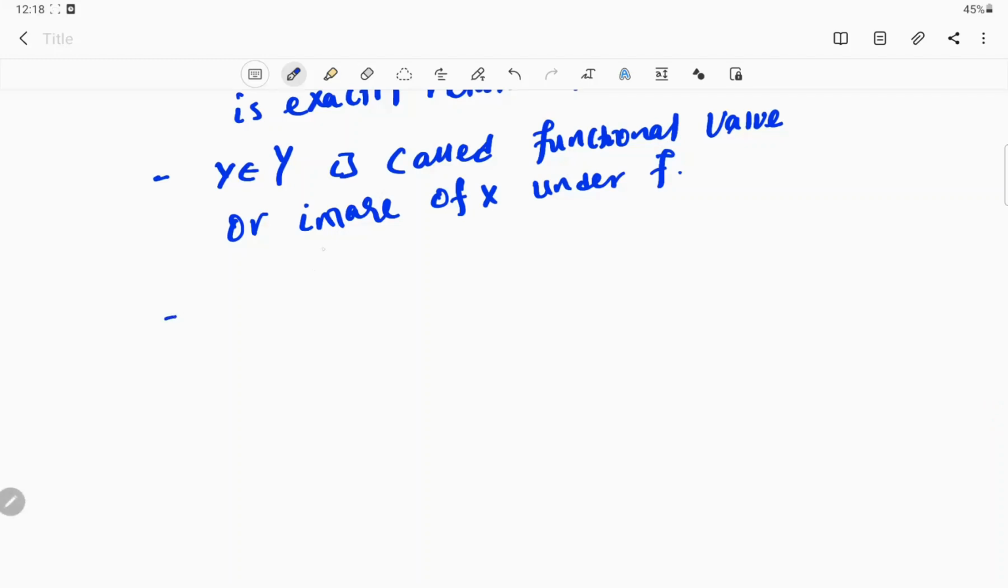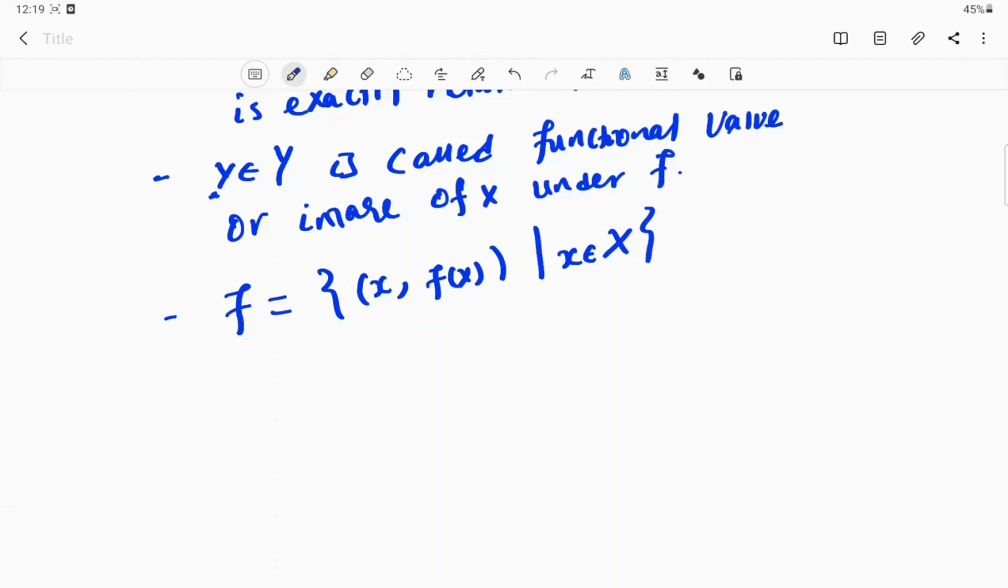Another way we can write this f is as the set of (x, f(x)), where f(x) is the image of x and x is in X. So this is another way of writing a function. We have this notation here.